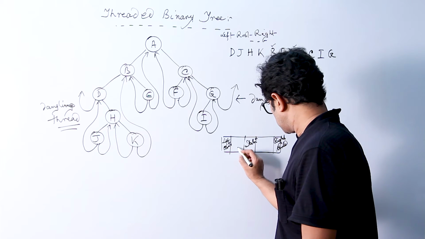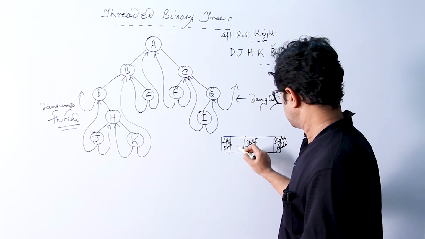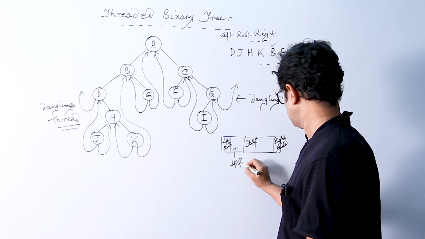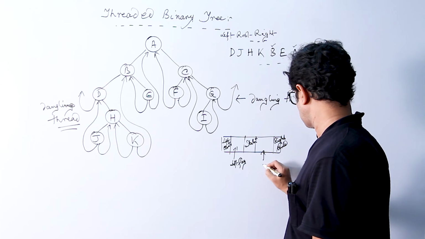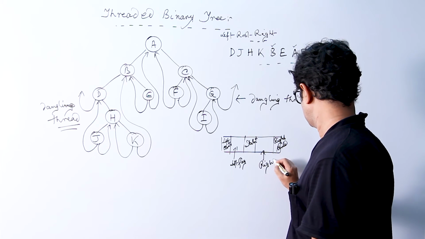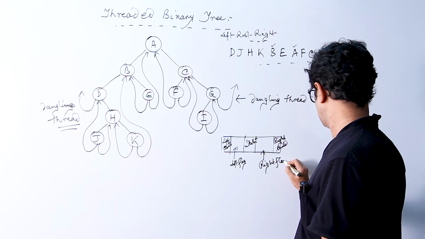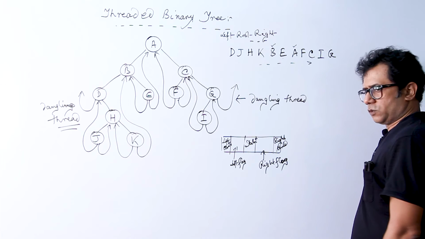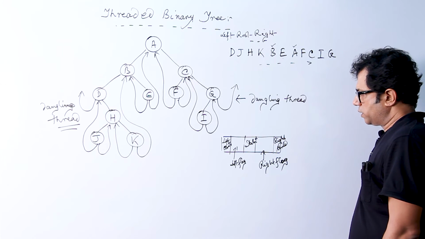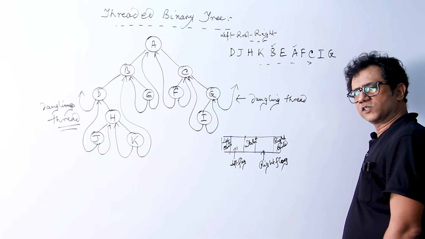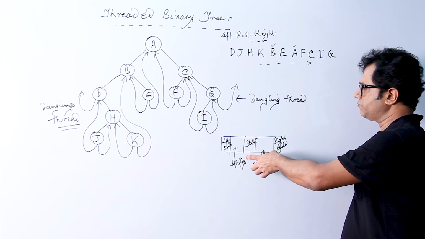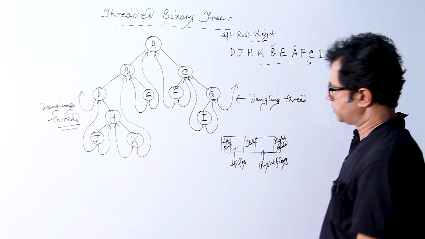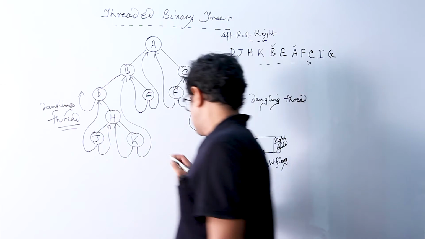And there will be two other fields: this field is called the left flag and this field is called the right flag. So left flag and right flag are the two extra elements which we have added in the case of a node of a threaded binary tree. So let me write the structure like this.